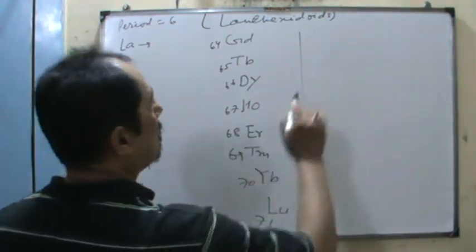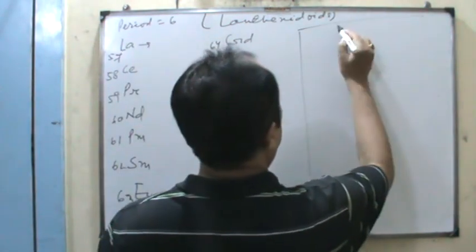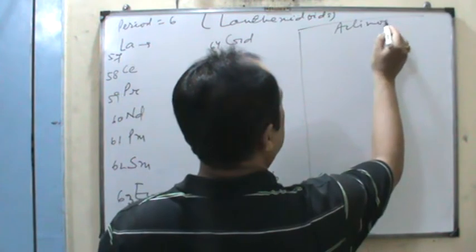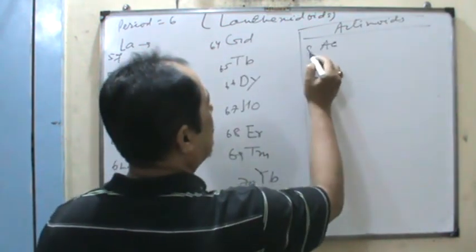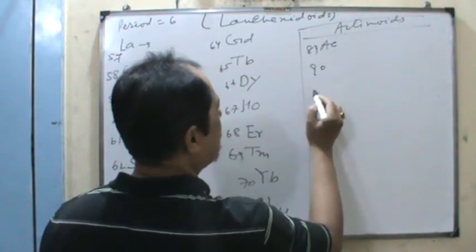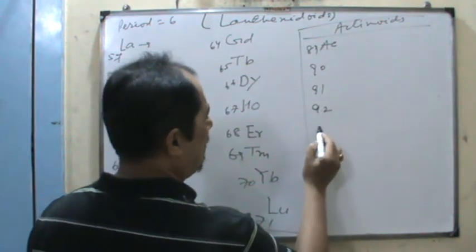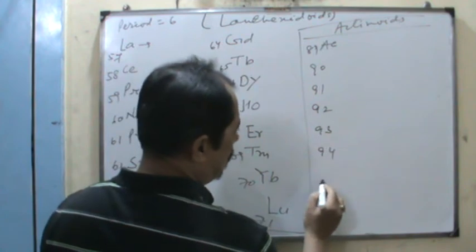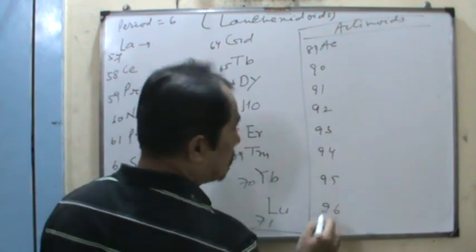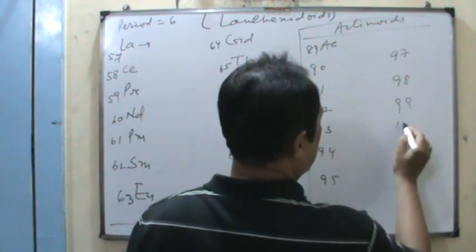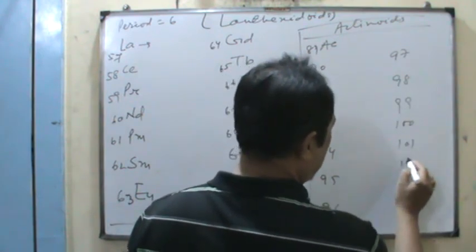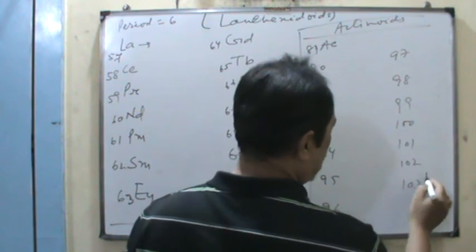Now come to the members of actinoids: 89, then you write 90, 91, 92, 93, 94, 95, 96, 97, 98, 99, 100, 101, 102 and 103.